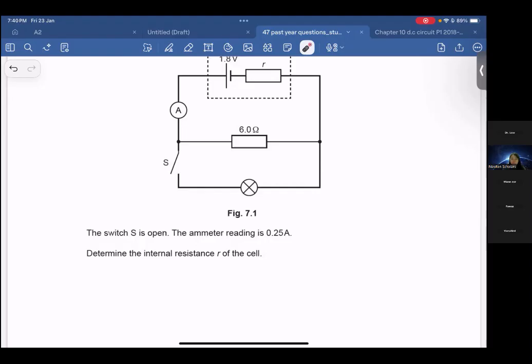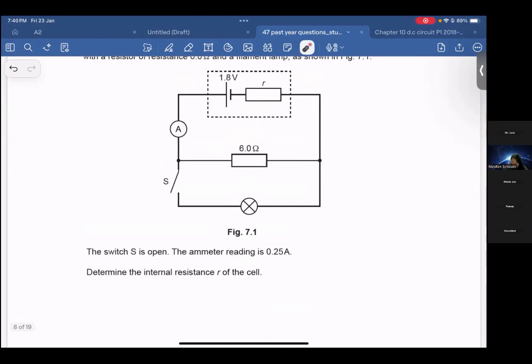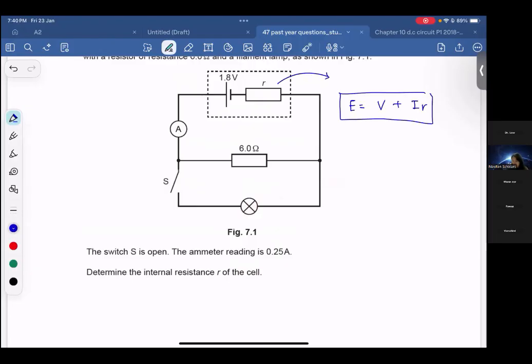Okay, so any of you get the answer? Oh, Chong Han, so fast. Okay, 1.2 ohm. Yes, very good. Jore, yes, correct. Washini, yes. So when it is an open circuit, you don't need to consider the lamp, just use E equals V plus Ir. I told you, once you see internal resistance, this is the formula.